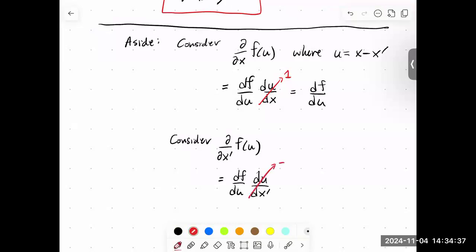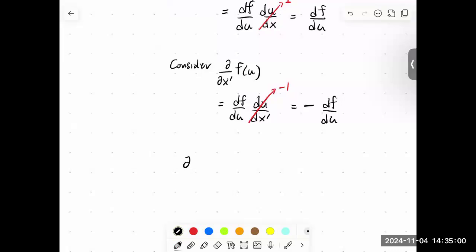So this is -1. And so this is equal to minus df du. The reason we're doing this is just to see that these two are the same, just a sign change. And so that means that if I take d by dx prime of f of u, that's the same thing as minus d by dx of f of u.